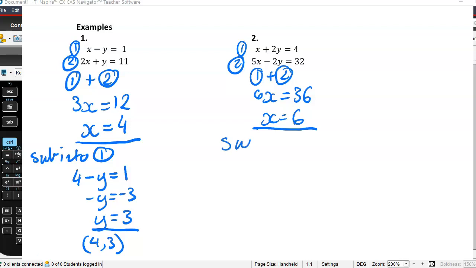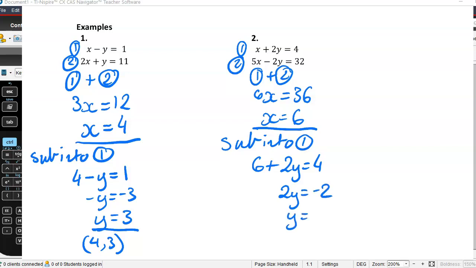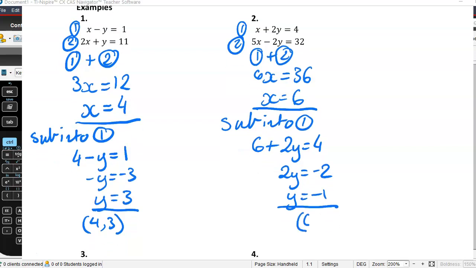We'll again sub into equation 1, looks a bit nicer. So 6 plus 2y equals 4. 2y equals negative 2, so y equals negative 1. So we've got there (6, -1).